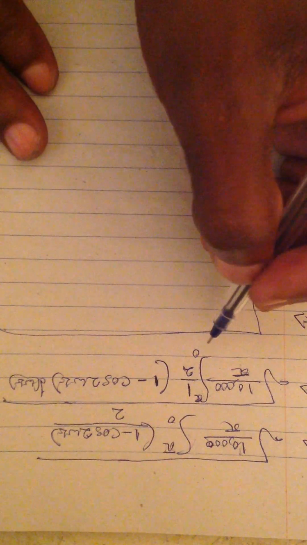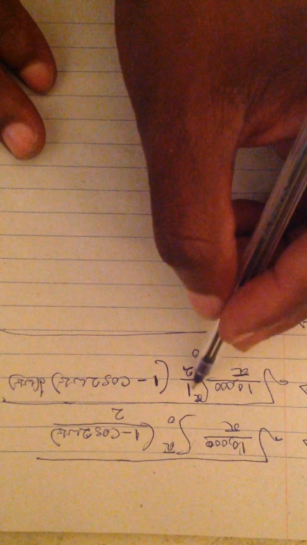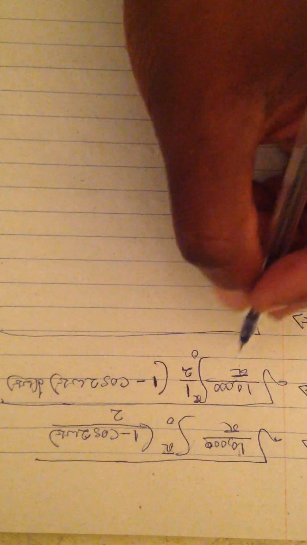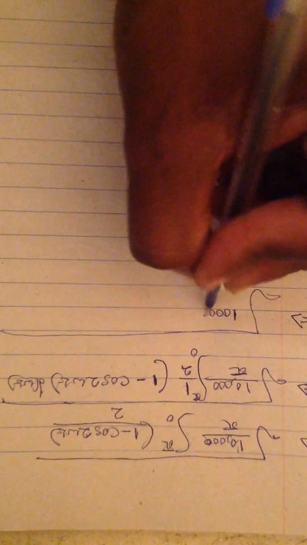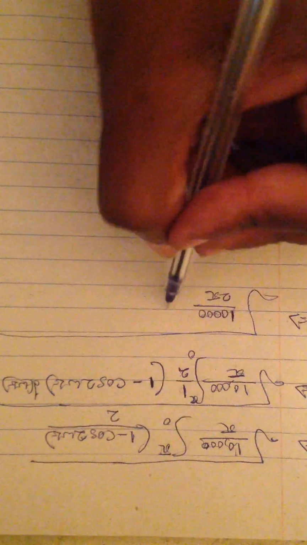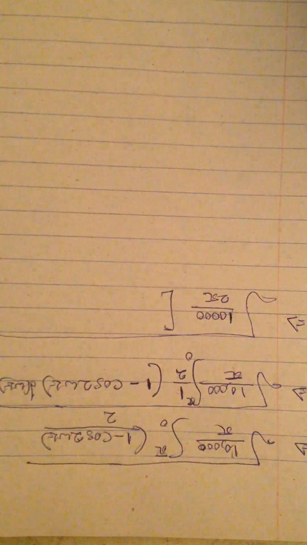So when we start integrating, we can remove this 1 over 2 here and multiply it with this. So let's just multiply it directly. We're going to have 10,000 over 1 times 10,000, that's 10,000. 2 times pi, that's 2 pi. We are trying by all means to simplify the equation.